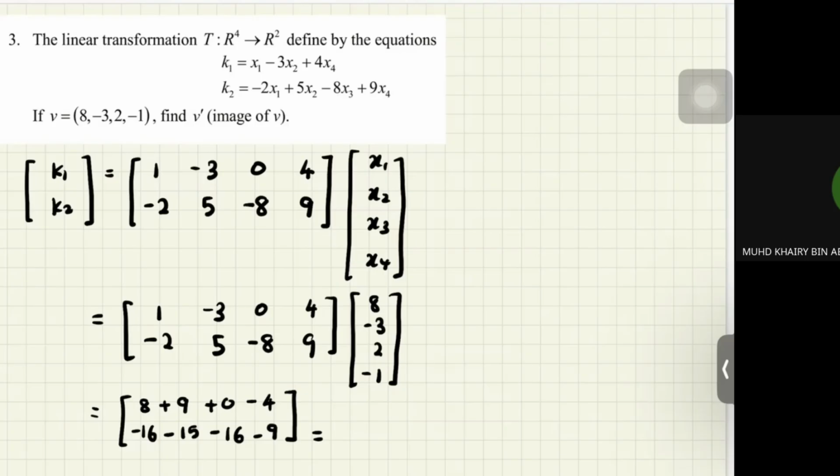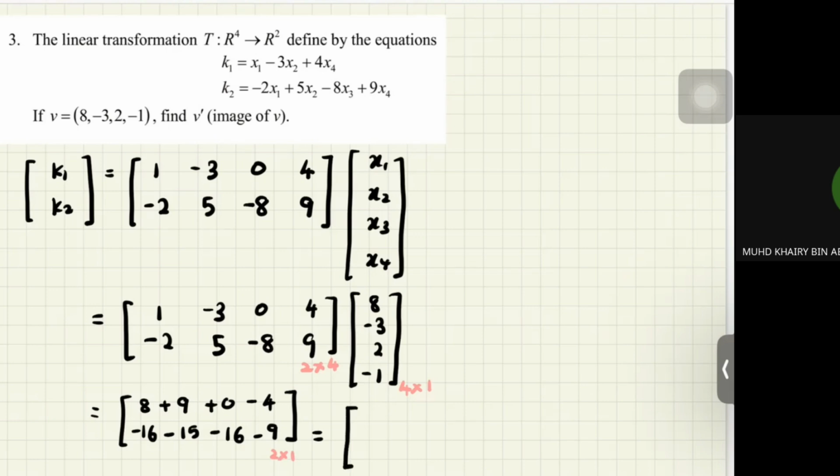So you can see here, this is the 2 by 4 matrix, right? And here a 4 by 1 matrix.